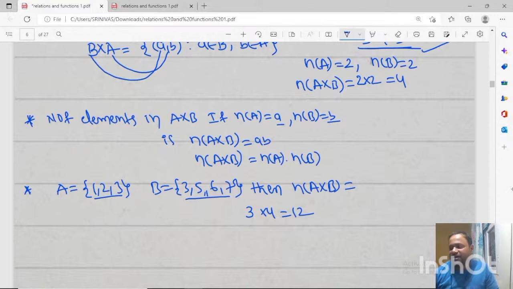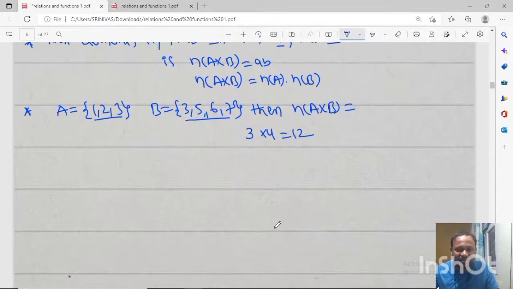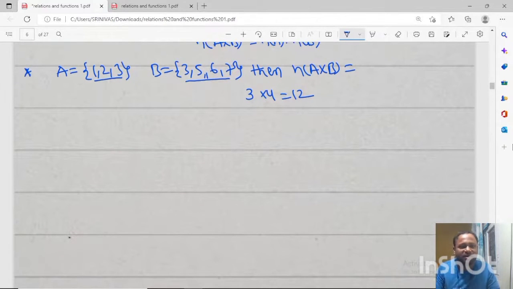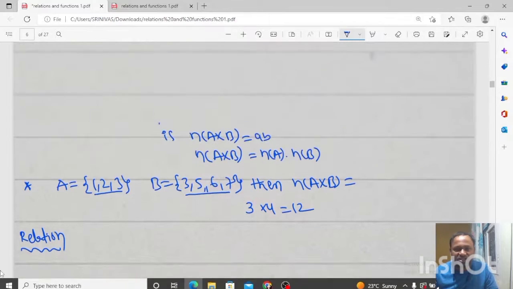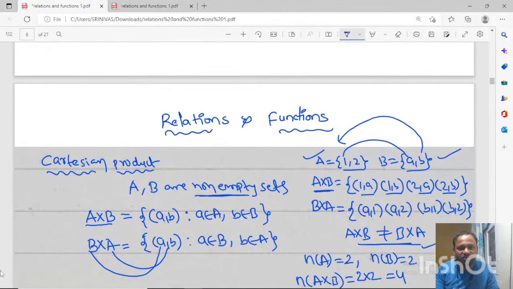Right. Now I will move on to one more condition, that is our main topic, relation. What do you mean by relation? See this. Actually, our topic name is relations and functions, no? So first relation should be understood. After that, some of the relations will come under functions. Right.